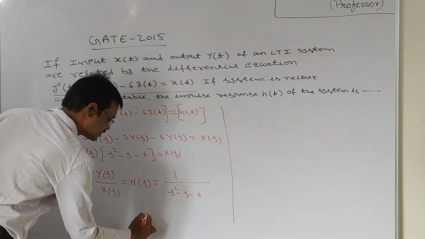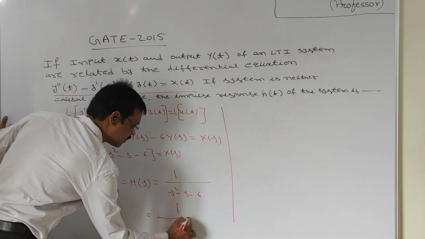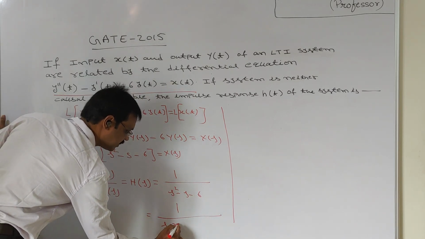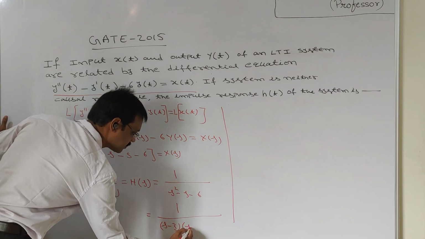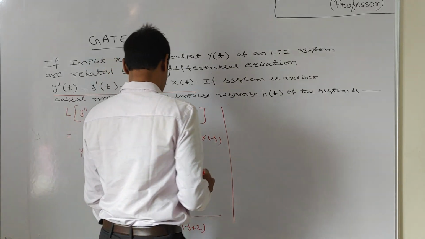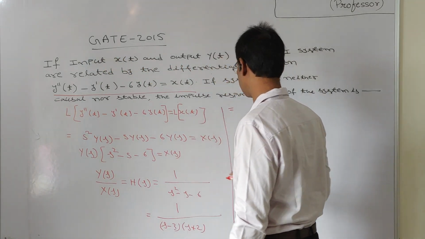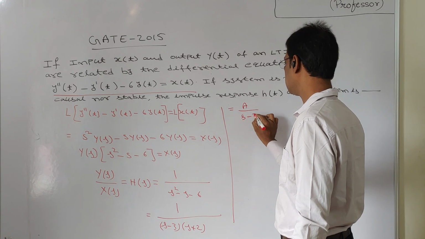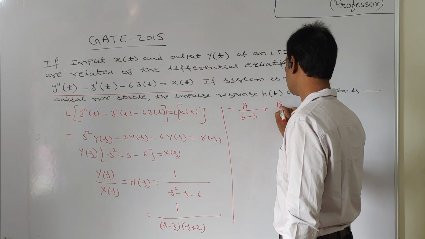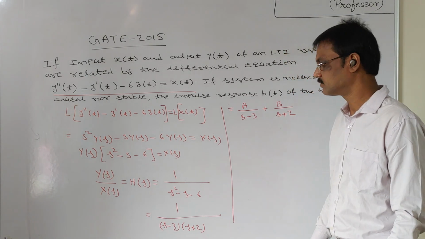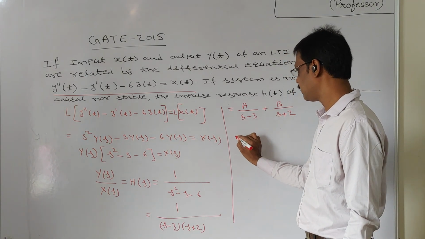Now you can write this expression by taking the factors: s minus 3 into s plus 2. Now you write this expression as a by s minus 3 plus b by s plus 2. Now how do you find the value of a?